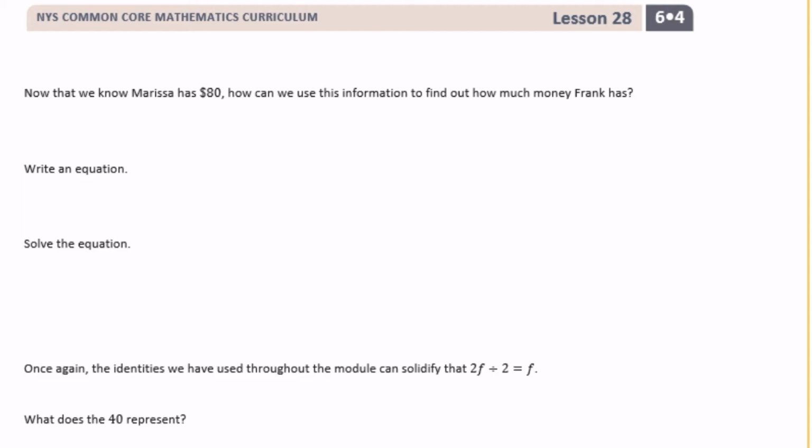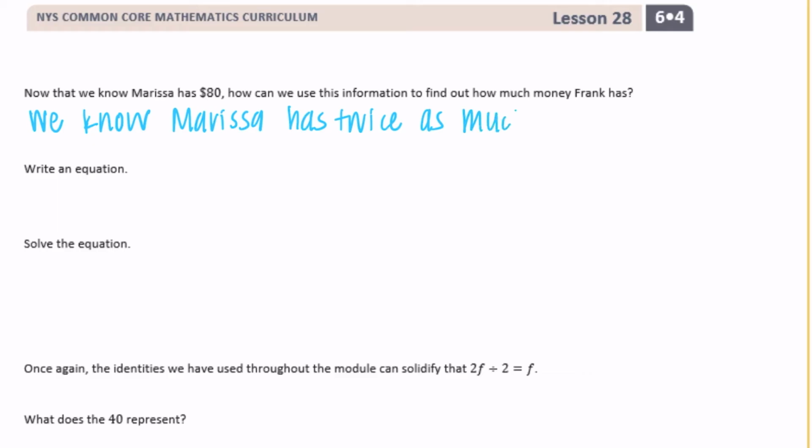Now that we know Marissa has $80, how can we use this information to find out how much money Frank has? Well, we know that Marissa had twice as much money as Frank. So let's write an equation.